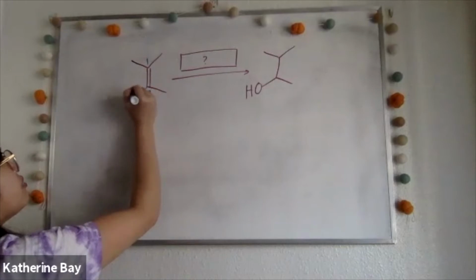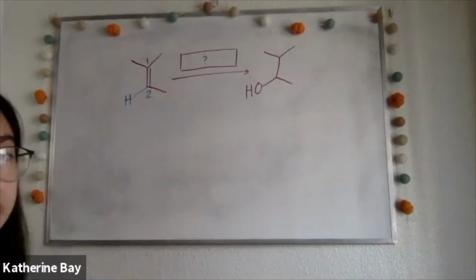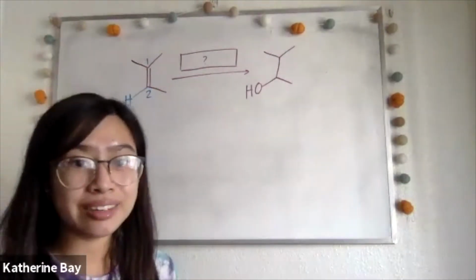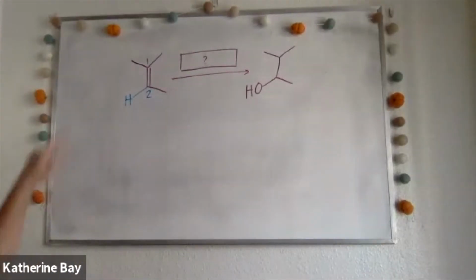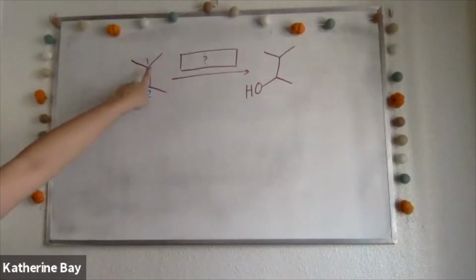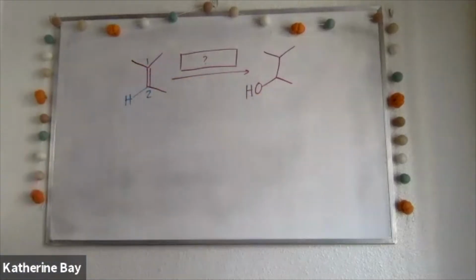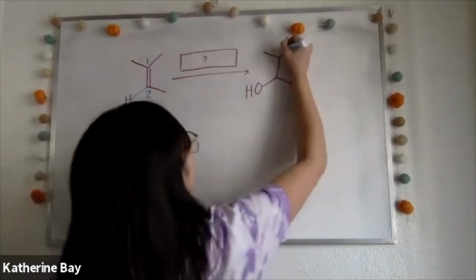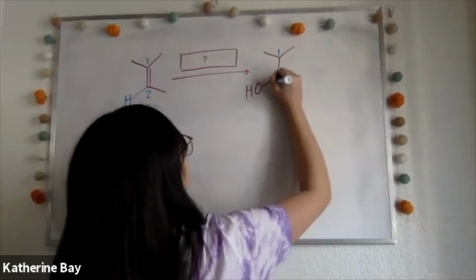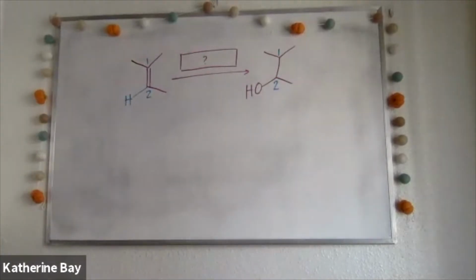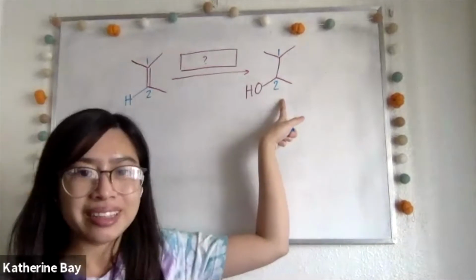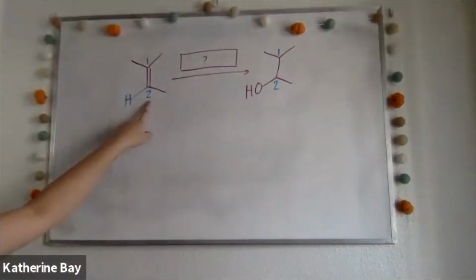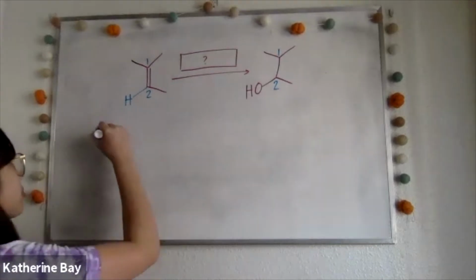And we can even draw in any hydrogens that are missing if that helps you identify which side is more or less substituted. Because none of the carbon arrangements changed from the reactant to the product, we can still label our carbons as the same numbers, C1 and C2. So we notice that the alcohol group added to the C2 position. This tells us that the alcohol added to the less substituted side of the alkene.